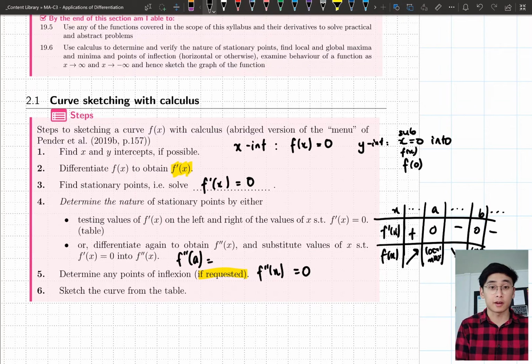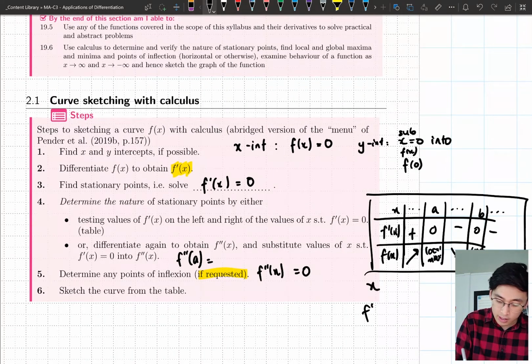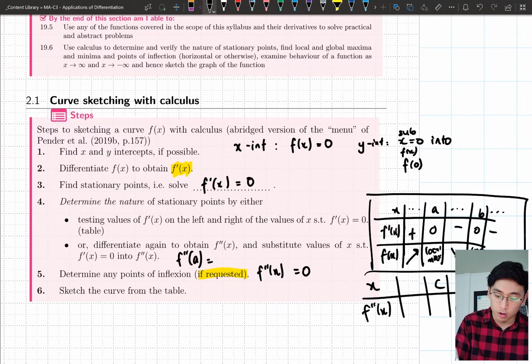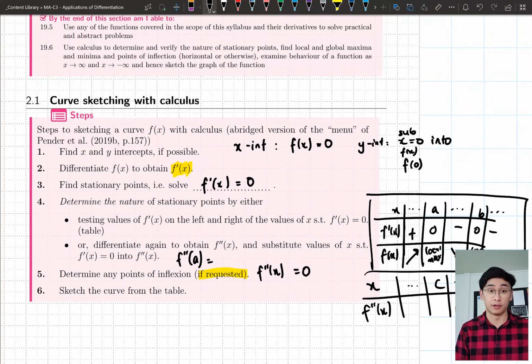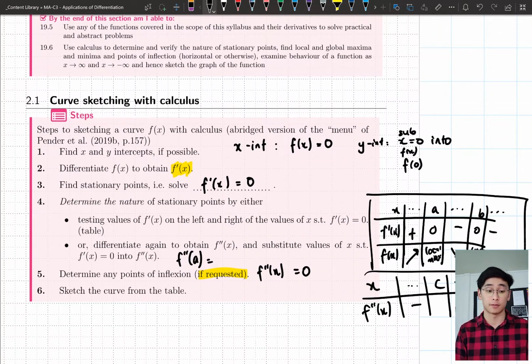Then, just like we did with creating a table of values for our first derivative and our original function f of x, you want to create a table of values for your second derivative, just like this, and check the zeros of the second derivative here. You just want to make sure that on either side we've got a concavity change. If there's no concavity change, so if it went from positive to positive like it is here, then that means it is not a point of inflection. So we want to make sure that it goes from positive to negative, or the other way around, from negative to positive, on either side.